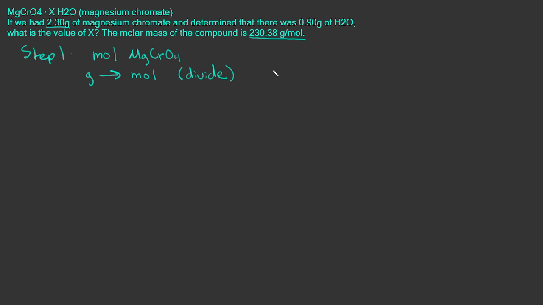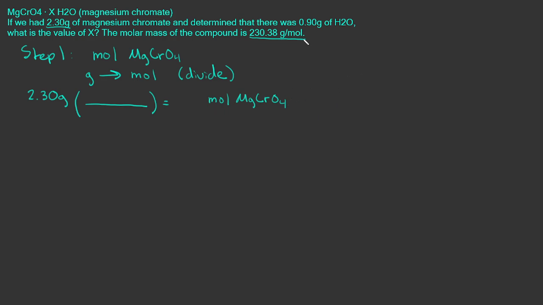Let's set this up, as always, like a dimensional analysis. We have 2.30 grams of our compound, and we use a ratio to get us to moles of MgCrO4.